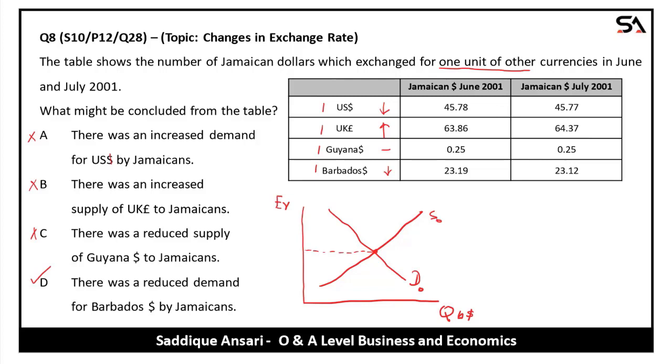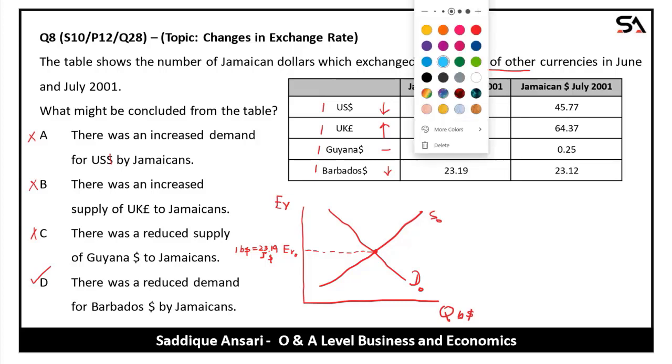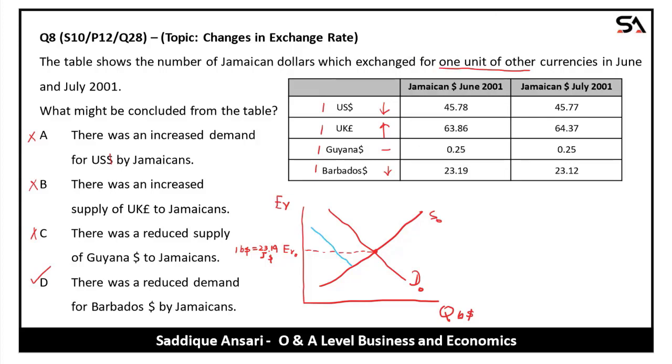So this is equilibrium exchange rate, let's call it ER0, and initially it is 23.19. So 1 Barbados dollar is equal to 23.19 Jamaican dollars.